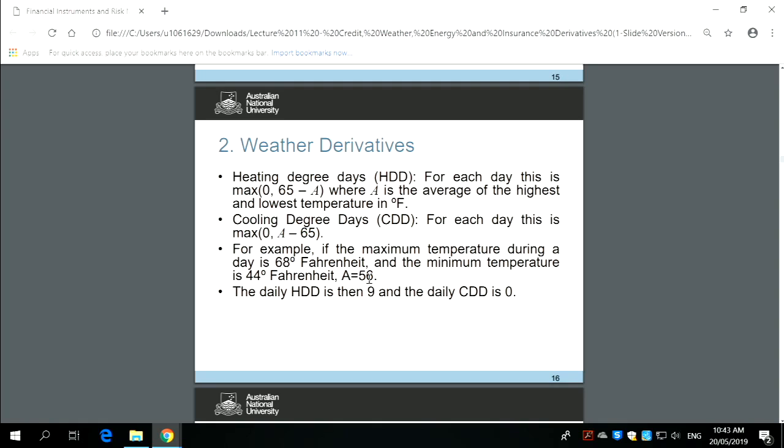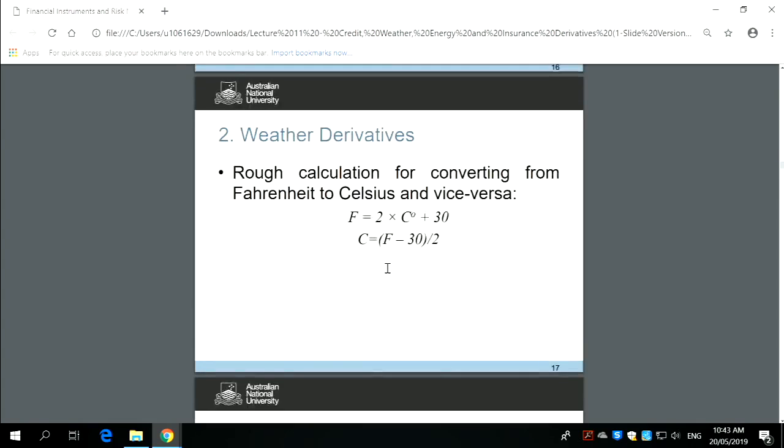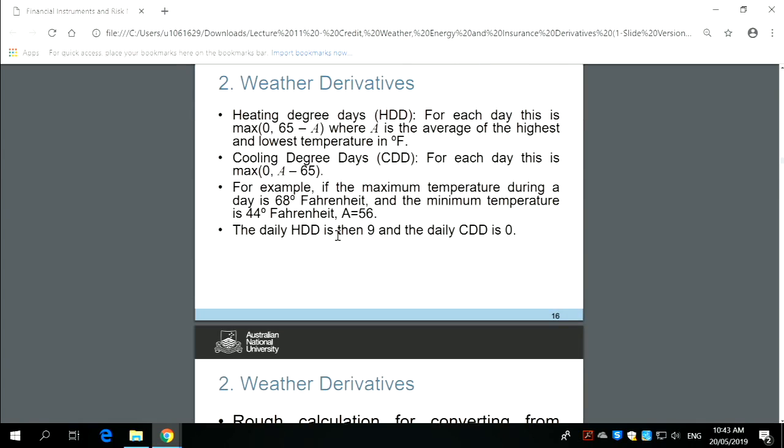Substitute into this equation: 65 minus 56, so that's a 9 degree difference. So 9 is multiplied by some multiplier, then you get a dollar payoff. Does that make sense? Does the weather derivative make sense?